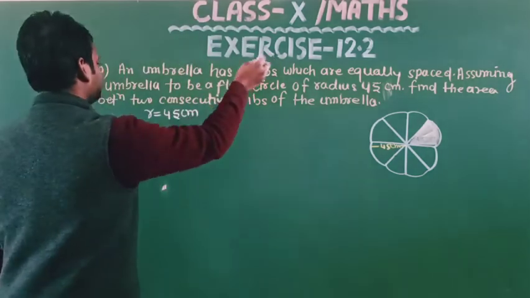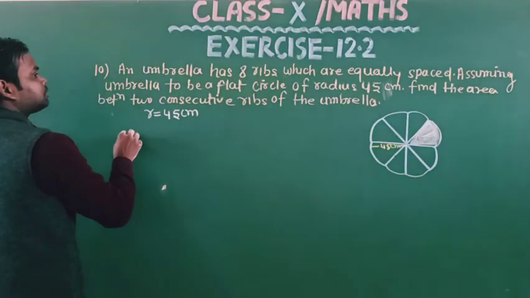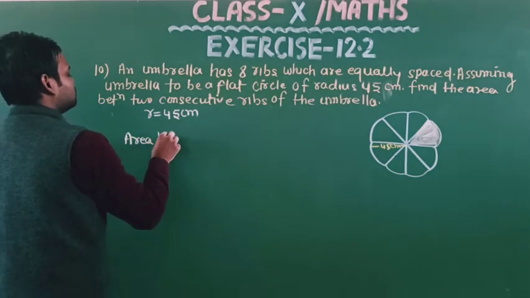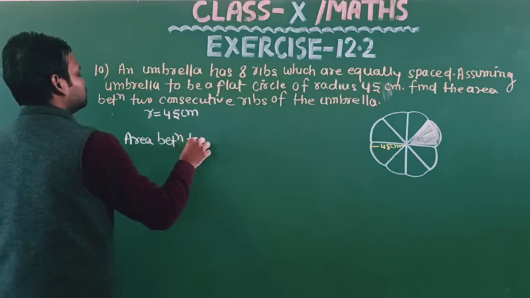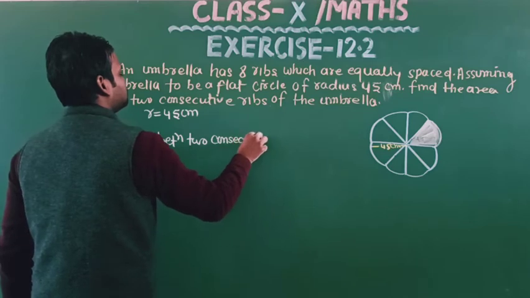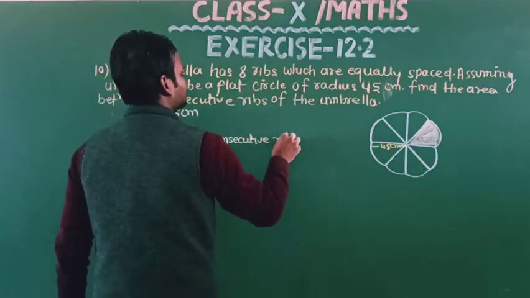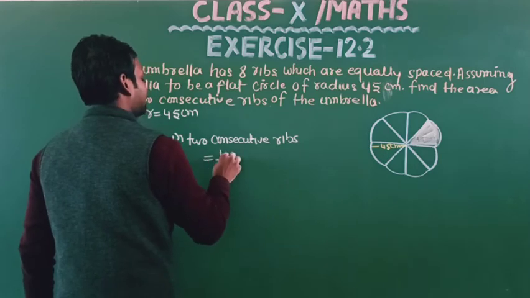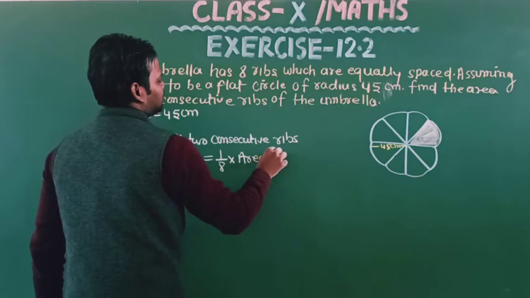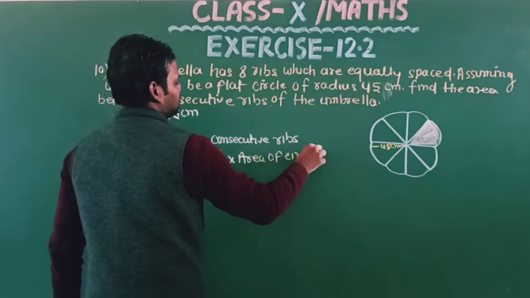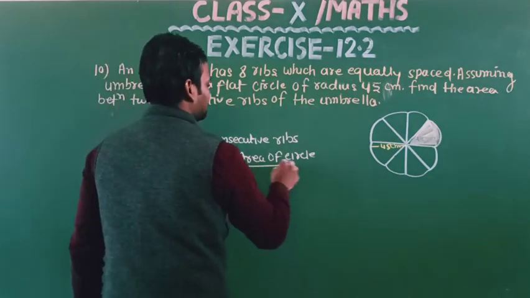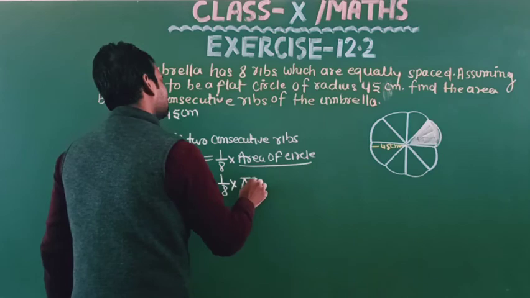So this means the area between two consecutive ribs is equal to 1 by 8 into the area of the circle, pi r square.